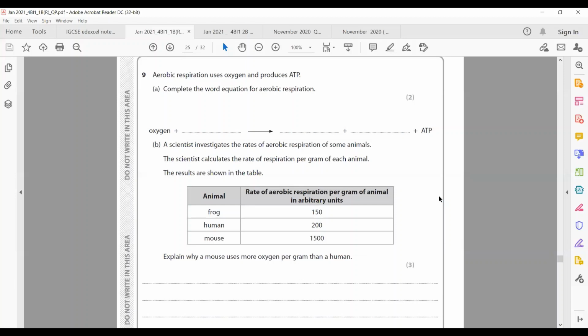But why? You said that the mouse has a larger surface area to volume ratio, so it loses heat very rapidly. It needs to respire more. Why?